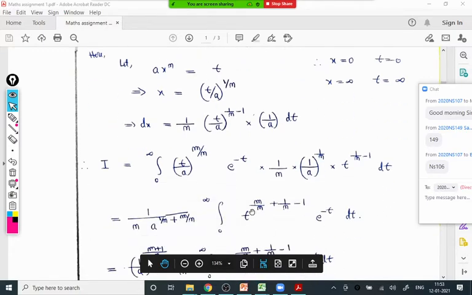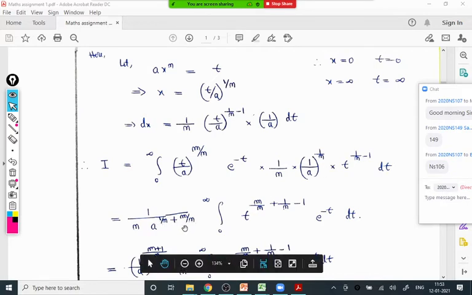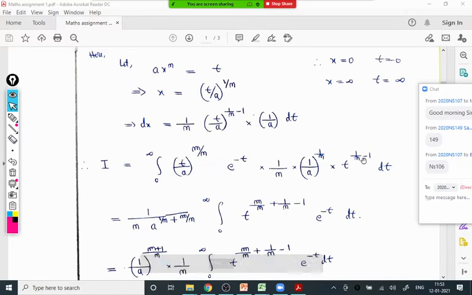Next step, the constants will come out. The constants will be the power of a. So 1 upon n is here, and a raised to m by n plus 1 by n, that is the correct power of a again. Good. We are left with e raised to minus t into t raised to m upon n plus 1 upon n minus 1.